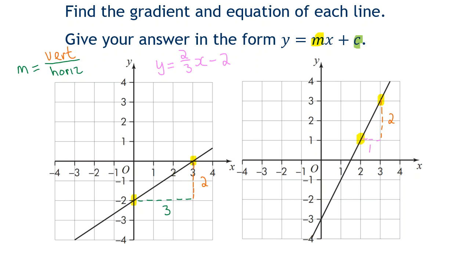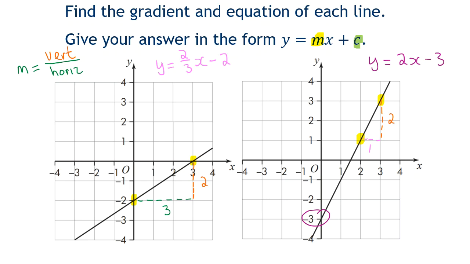So our gradient is 2/1 in this case, which is of course just 2. So the equation y equals always starts like that. Gradient of 2 this time, not 2/1, but actually just 2. Don't forget x, always has to be there. And then we need to add on the c value, which we saw earlier on was down here at -3.